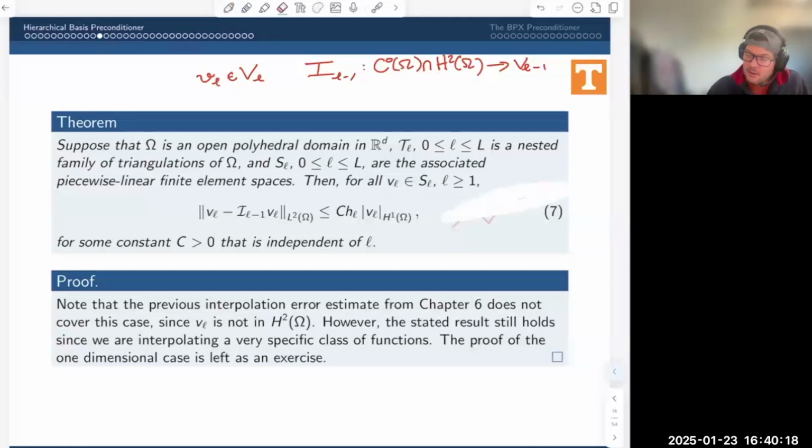So I have to come up with something else whenever I do an error estimate like this. Well, the error estimate I can obtain is going to be first order in h.